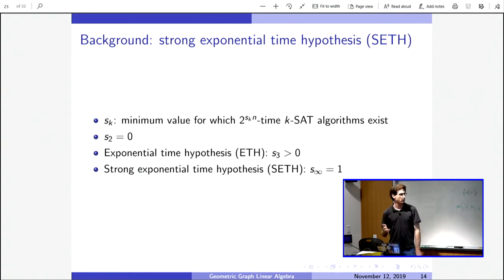Well, it turns out that there are non-trivial algorithms for KSAT. In particular, s_3 is strictly less than 1. This is a result due to Paturi, Impagliazzo, and Zane. So instead, we can really only ask about the maximum of all of these s_k's. The strong exponential time hypothesis essentially says that you can't solve SAT in less than 2 to the n time, where the constant in front of the n is 1.